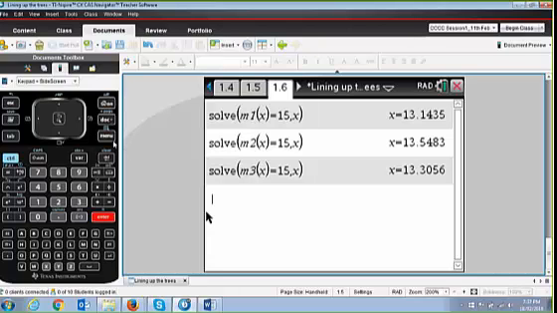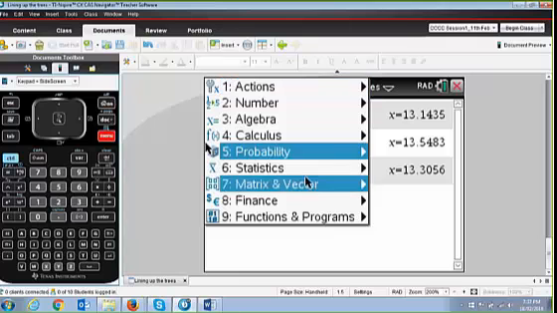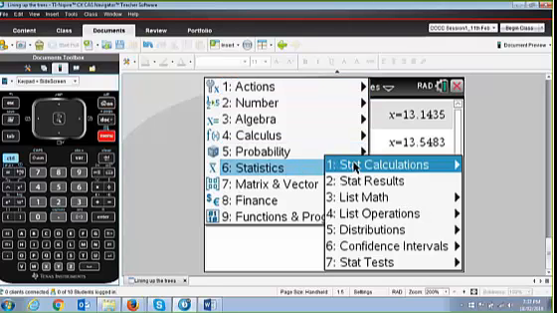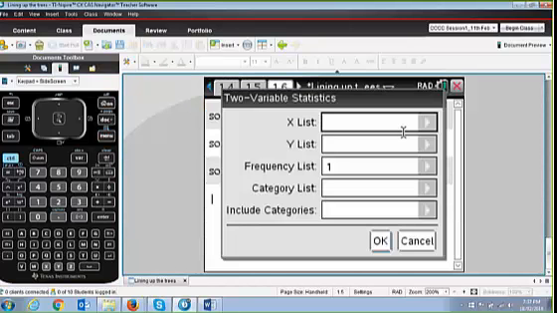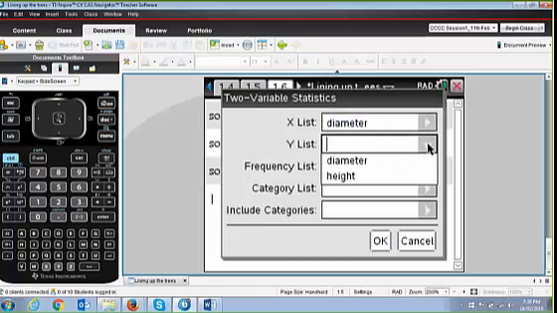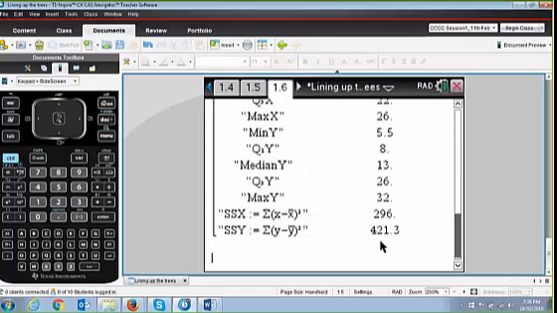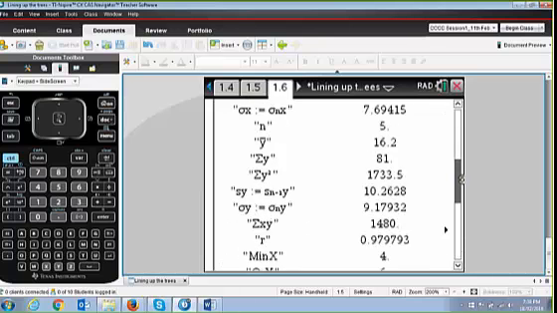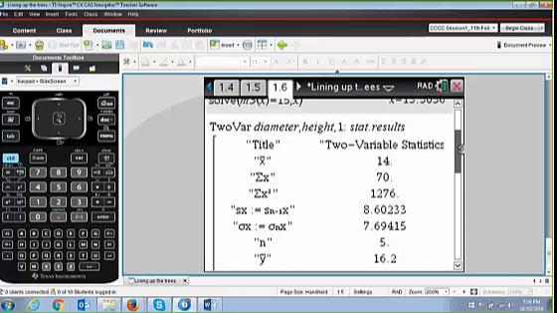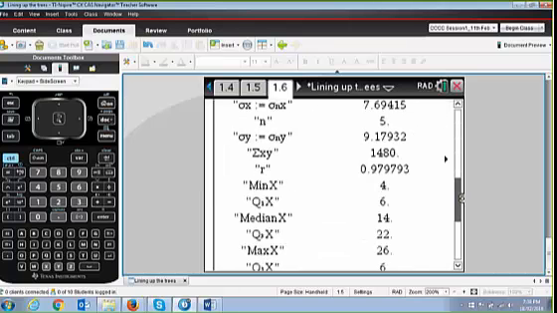So let's go back to the menu and look at statistics and stat calculations for our variable, and we're going to look at the two variable statistics where the X list is the diameter, the Y list is the height, and we have all our information up here. And somewhere in here we have all of our two variable statistics.